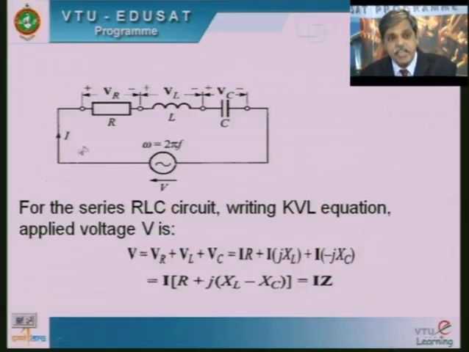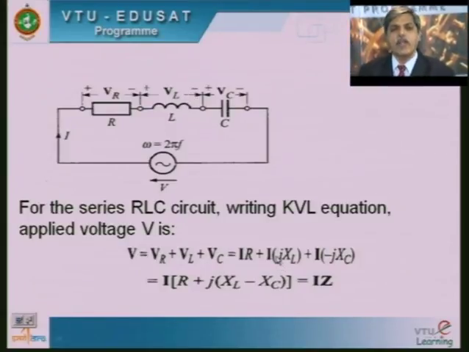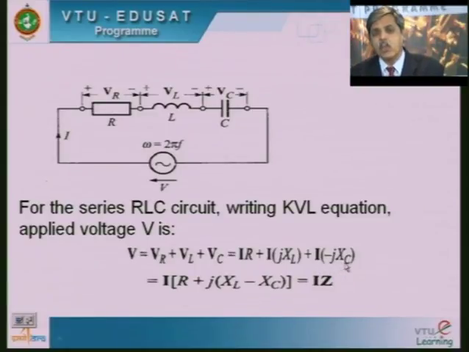Because I am taking the current as a reference, VL will lead the current by 90. That is why I put J here. The J stands for magnitude of 1 and angle of 90 degrees. The minus J stands for magnitude of 1 and angle of minus 90.